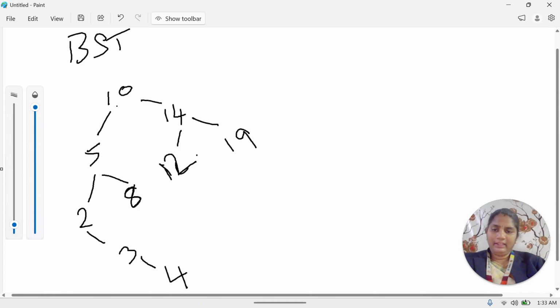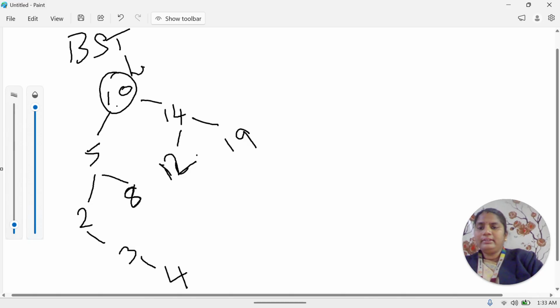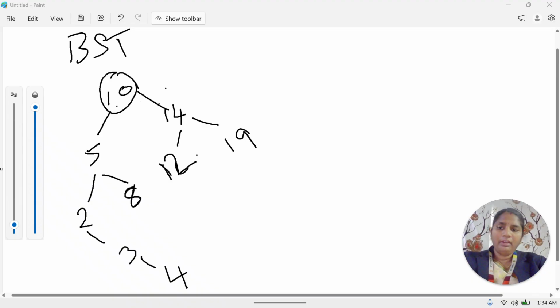The height is nothing but the number of edges formed. For the root node 10, the height is 0. Sorry, the height is the number of edges formed in the tree.